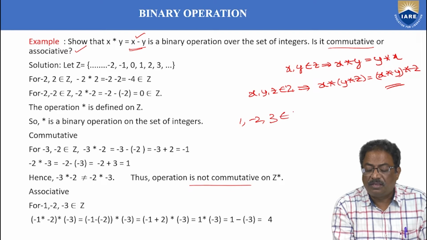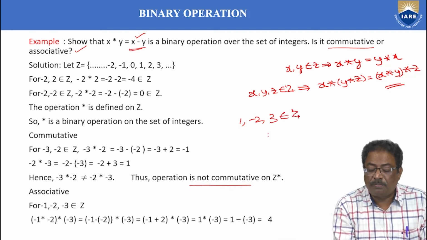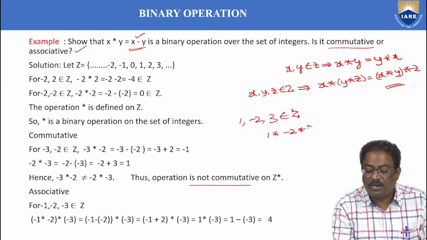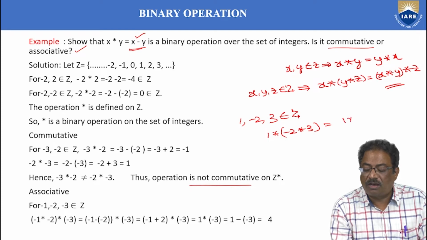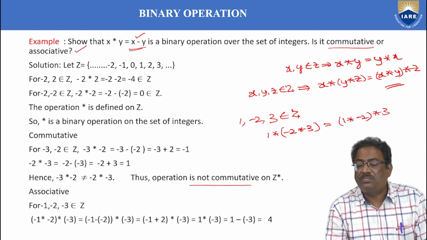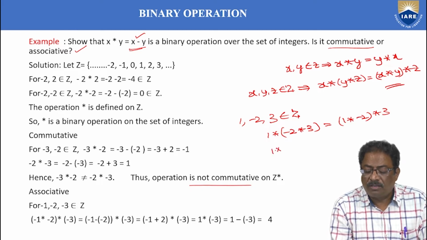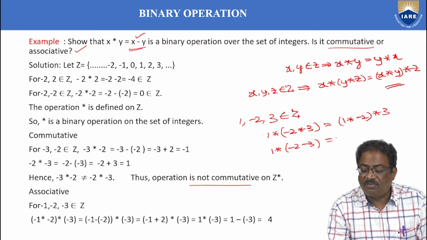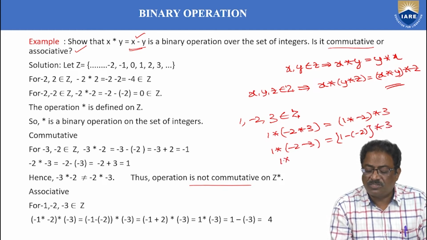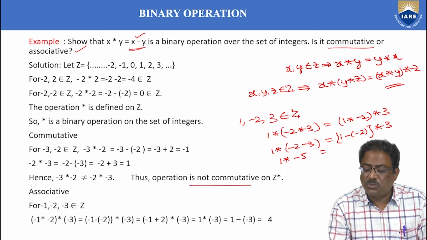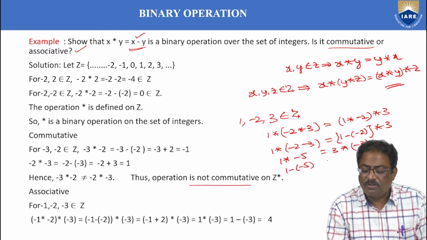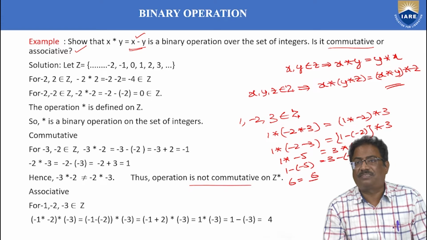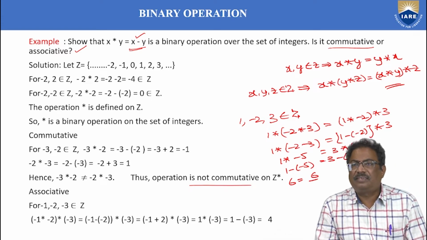Then 1 star (-2 star 3): -2 star 3 is -2 minus of 3, which is -5, and 1 star -5 is 1 minus of -5, so it is 6. And (1 star -2) star 3: 1 minus of -2 is 3, and 3 star 3 is 3 minus of 3... so we get +6 and +6.